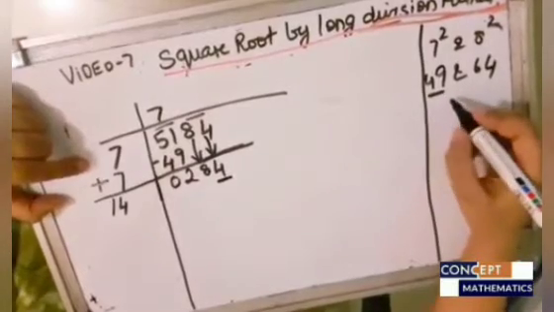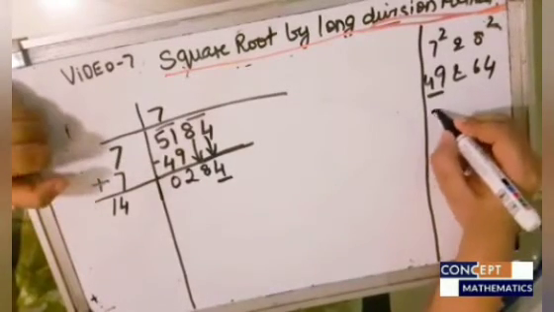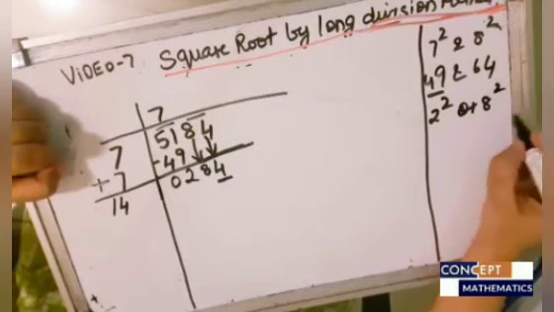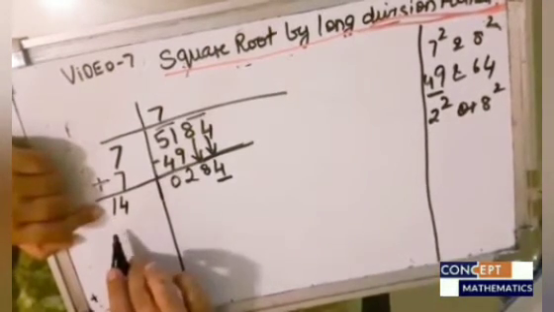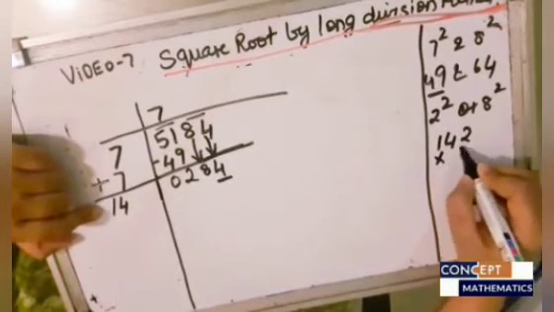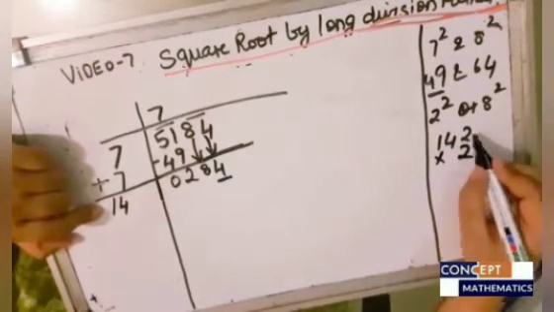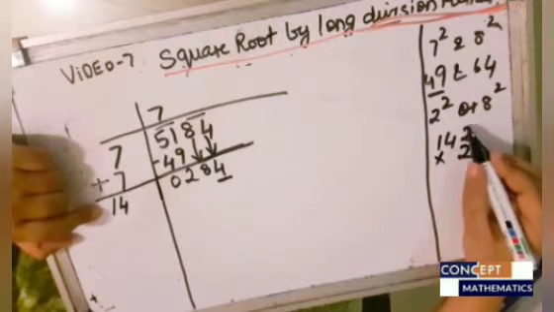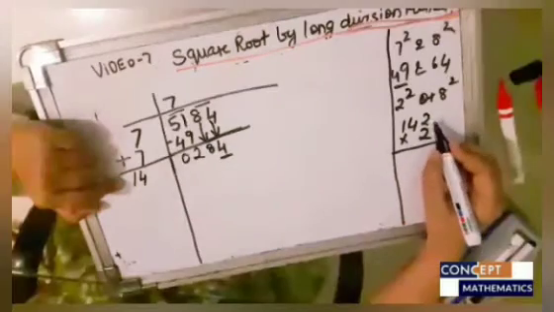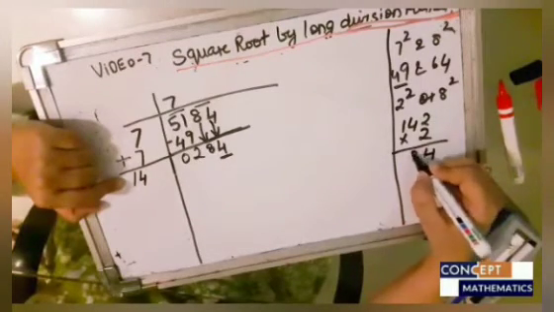So now you know if the last digit is 4, either it should be 2 square or 8 square. So first we can try with what? We can try 142 into 2. That is, if you are taking 2 up, then you are multiplying also by 2, the same number. So 142 into 2 will give you 2 2s are 4, 4 2s are 8 and 1 2s are 2.